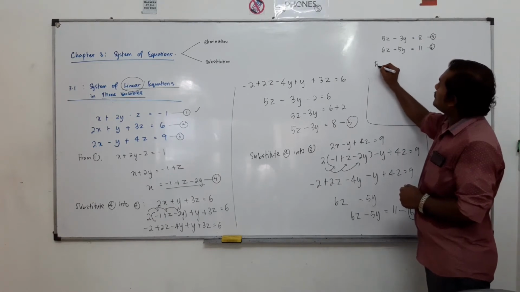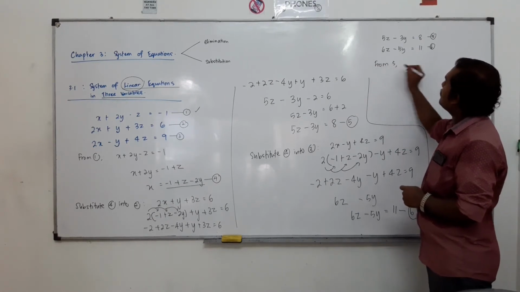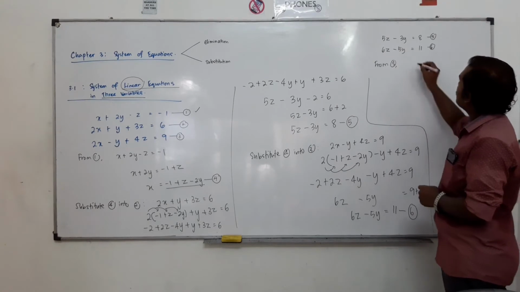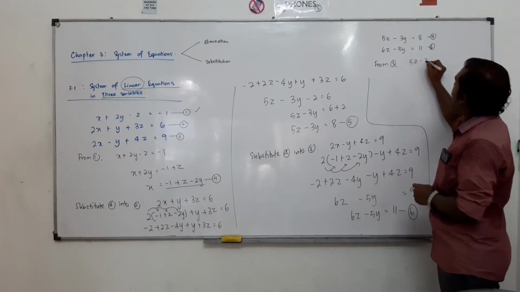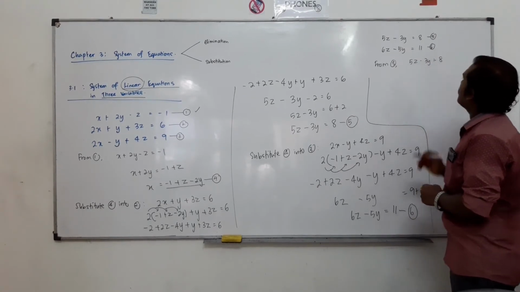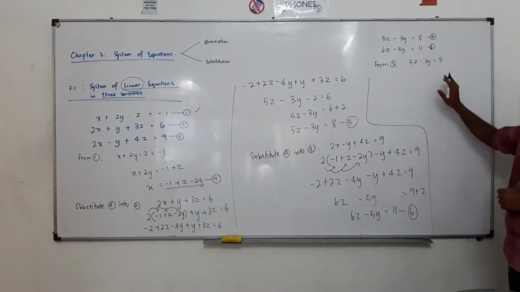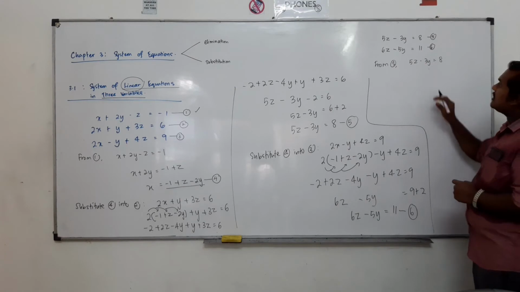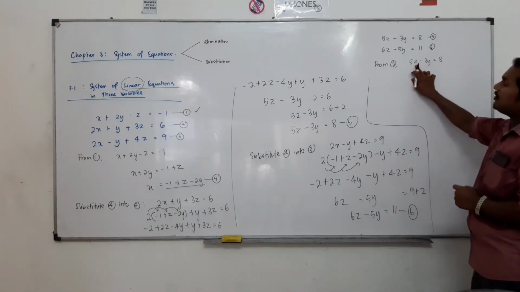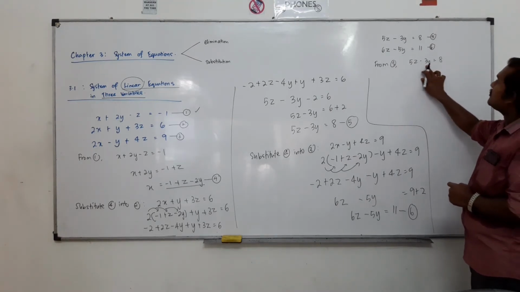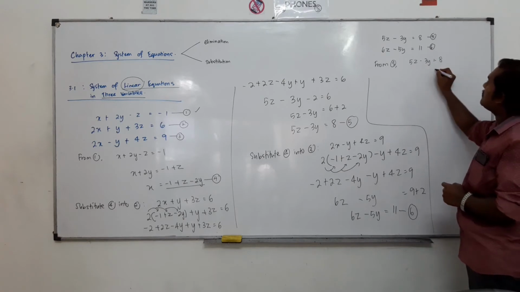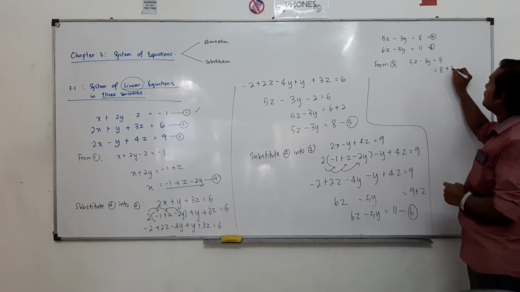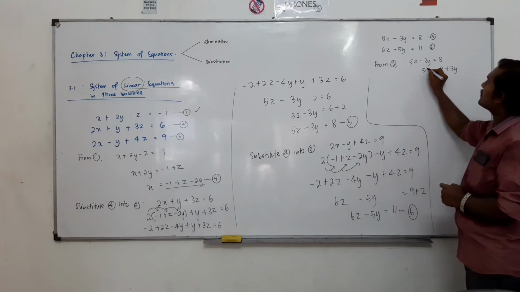From equation 5, select any of the variables and make it the subject. Let's say I'm selecting z and I want to make z the subject. Negative 3y will be shifted to the other side and become positive 3y.